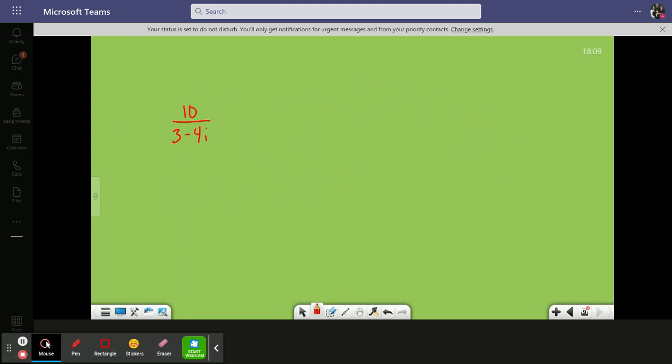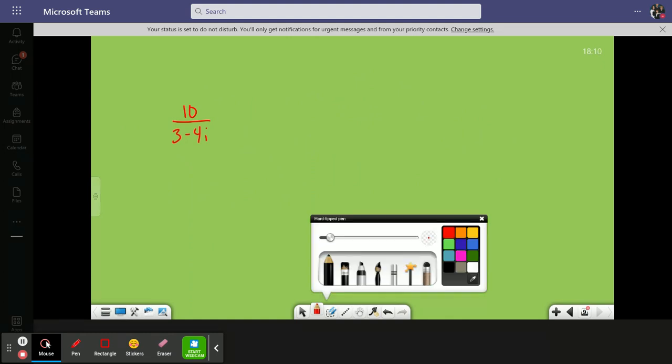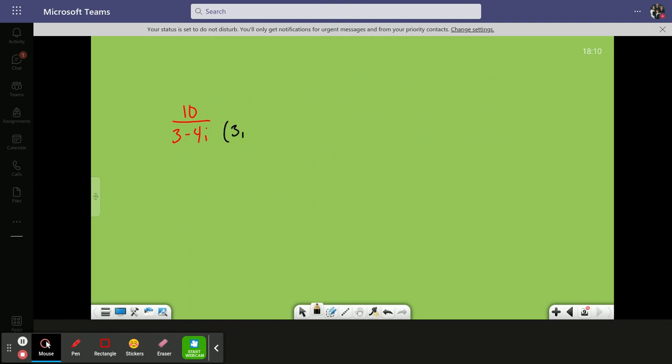So I'm going to use the conjugate. What's the conjugate of 3 minus 4i going to be? There you go. Now, it's a fraction. So I can't just go changing the bottom. Whatever I do to the bottom, I have to do to the top, right?